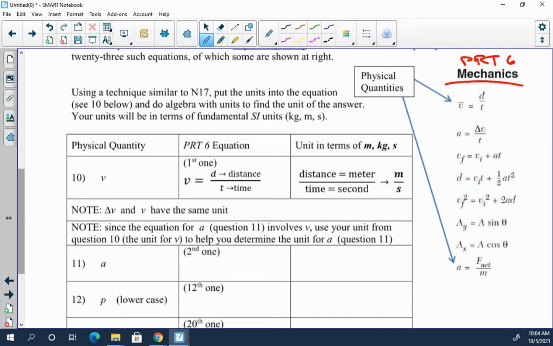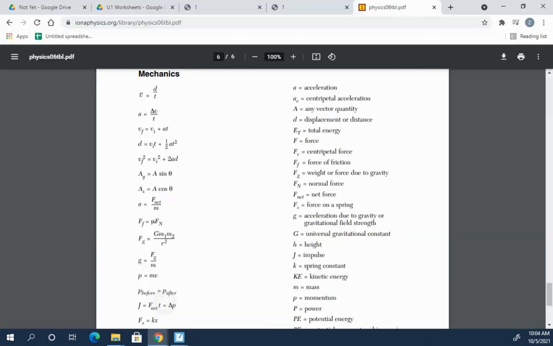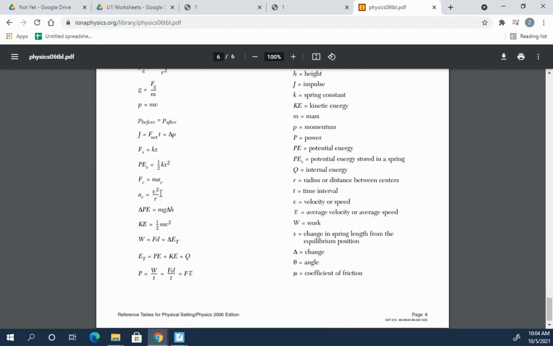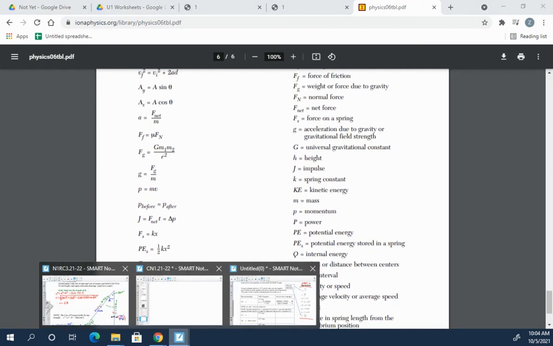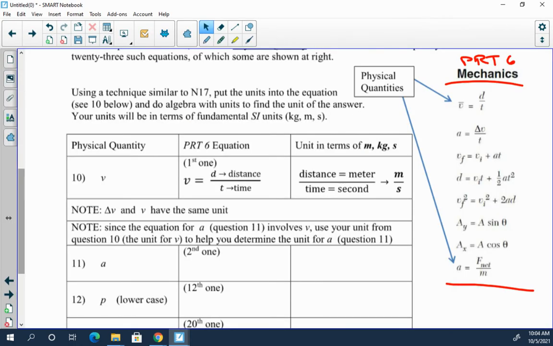So actually I provided you everything you need right here. I believe. No, I provided you only a segment. You're actually going to need your full reference table for this. So your full reference table, page 6, looks like this. And of course the page goes all the way down. So you're going to need some of these equations over here. Anyway, back over. Let's look at the example because the other 3 you're going to do on your own.